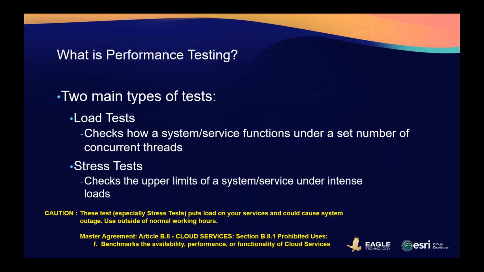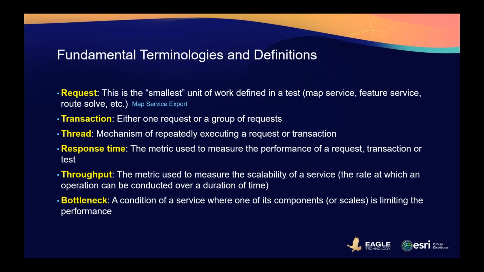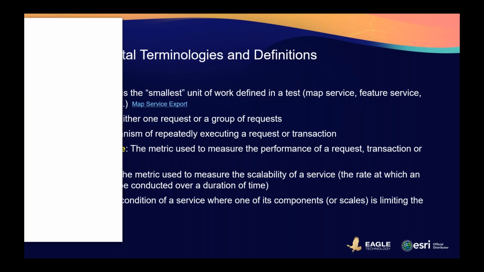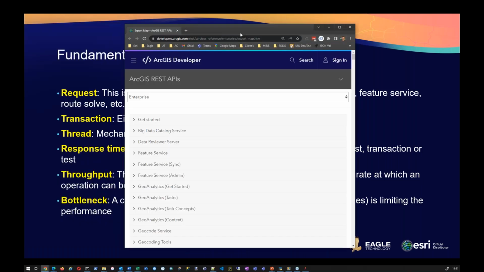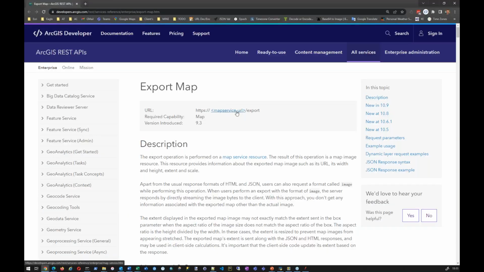Some terminologies and definitions that I'll be going through with some of the examples here. As you can see, requests: this is basically every request coming through to your server, and it's the smallest unit of work being performed. If I go into the actual help over here, which is on the Esri site, you'll see we are testing the URL and using the export function for that.